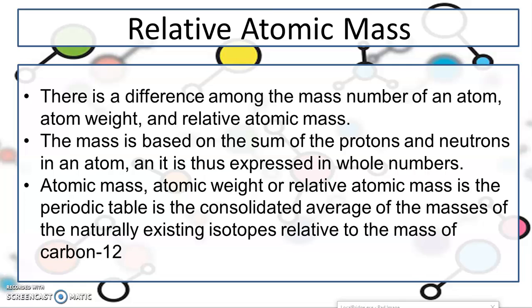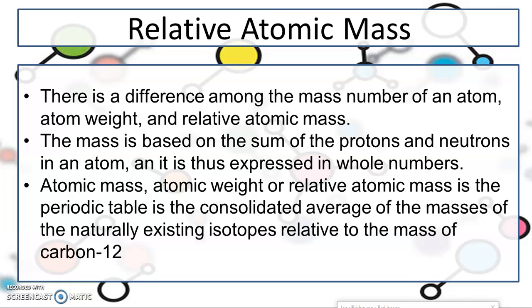In relative atomic mass, there is a difference between the mass number and the atomic weight. The mass number is based on the sum of the protons and neutrons in an atom, so it is expressed as whole numbers.